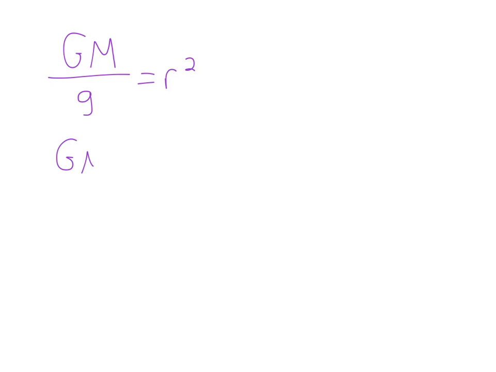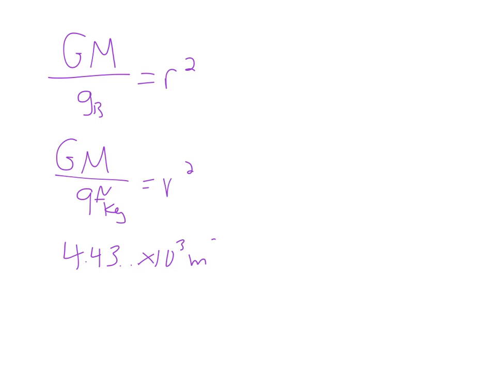So in your calculator, G m2 divided by the g at point B at the top of the mountain, so this is 9 newtons per kilogram, equals r squared. Putting those numbers in, you should get 4.43, keeps on going, times 10 to the 13th meters squared equaling r squared. Taking the square root of that, 6.65, keeps on going, times 10 to the 6th meters equals r.